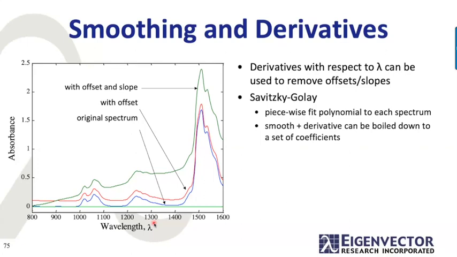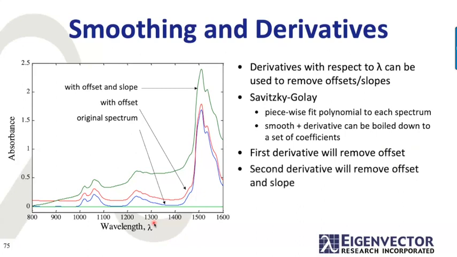The Savitzky-Golay original paper is this, showing how to boil it down to the coefficients. If you do a first derivative, it'll remove an offset, so that'll make the red one fall back down on the blue one. And a second derivative will remove an offset and a slope, and that'll make the green one fall back down on the blue one.